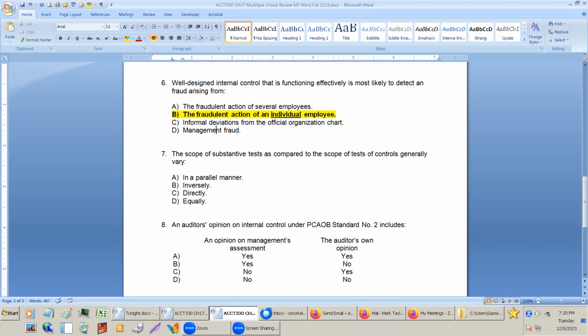The problem with these other ones is that they can involve collusion among several employees. That's when someone could make transactions disappear on the books and cash disappear and all that kind of stuff. Deviations, where you have someone doing things they shouldn't be doing. And management fraud, especially management override. These are all limitations of internal control.